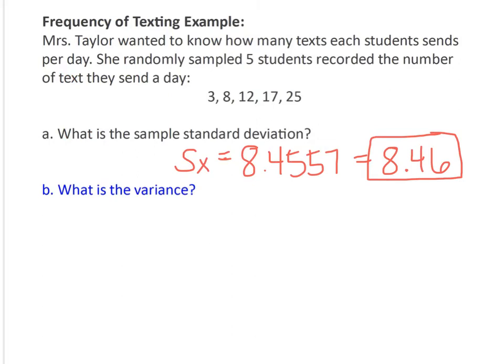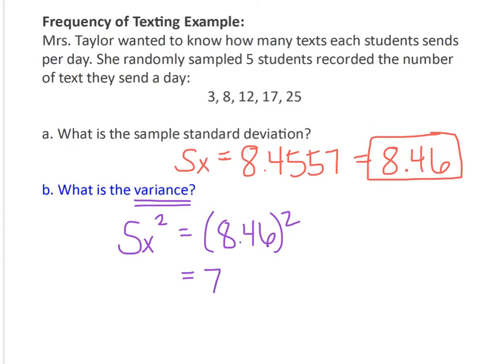Part B says, what is the variance? Well, my notation for variance is the standard deviation squared, or SX squared. So all I do is I take my standard deviation and I square it. So 8.46 squared is my variance, which is 71.504.